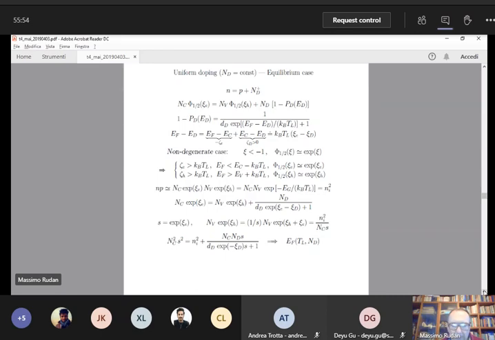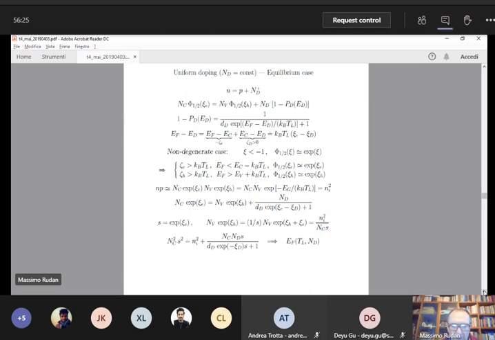Now we come to the case of the dopant atoms, or the doped semiconductor. And we remember that we are in the uniform case. So every property of the material is the same at each position in space, okay? Now we start again from the case of absolute zero.